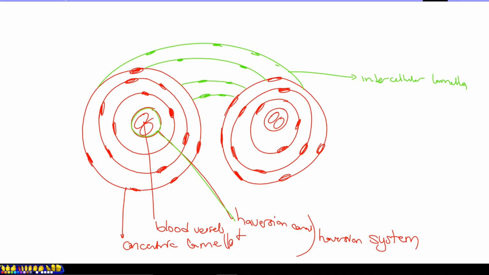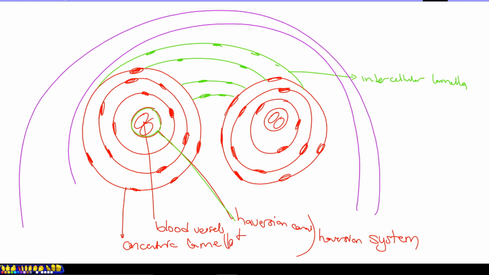All this bone tissue is covered by a general lamellar structure, which we call peripheral lamella, located at the periphery of the tissue. They also have osteocytes.